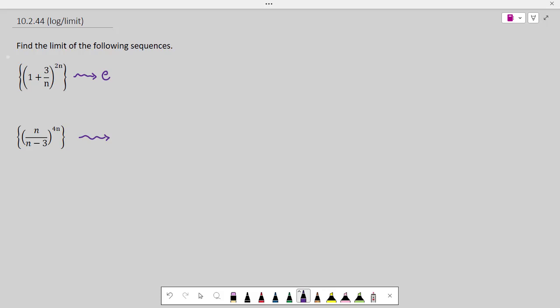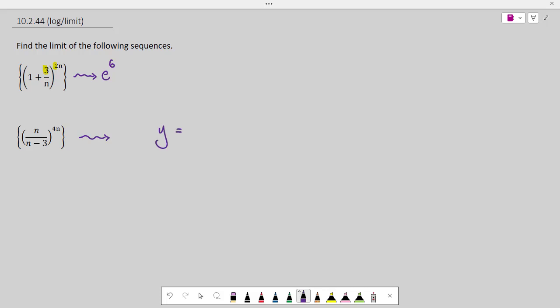E to the 3/2. 6. E to the 6? So we multiply those coefficients. We multiply this right there and that right there. So multiply them. But this one we're going to do longhand.